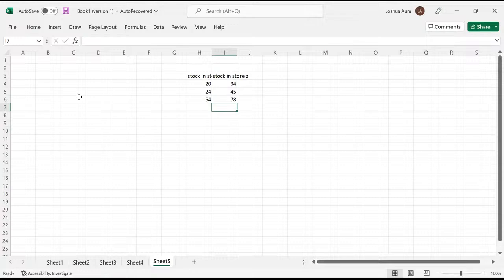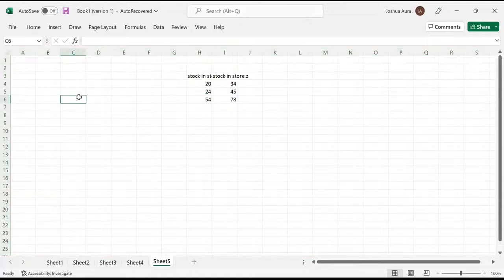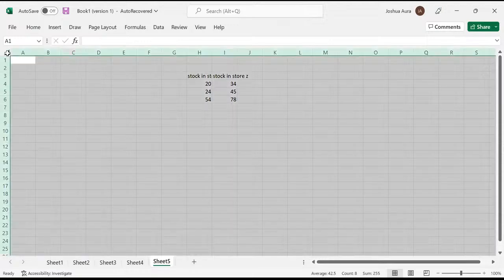You could say Control A, or if you know how to use Excel very well, there is this particular point at the corner, between A and 1. You simply put your cursor there and click on it just once. When you click on it just once, you're able to see that the entire Excel worksheet has been highlighted.